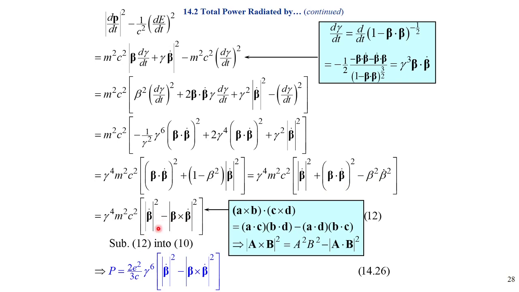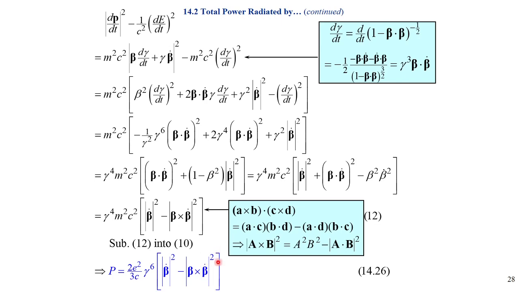So eventually we got P equals 2e squared over 3c, gamma to the 6, times beta dot squared minus beta cross beta dot squared.